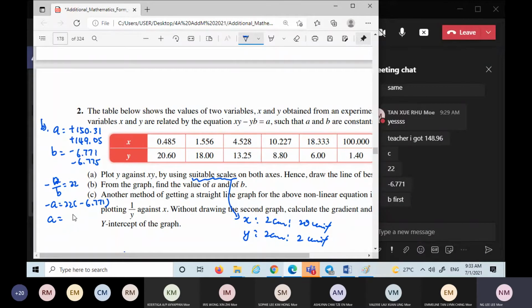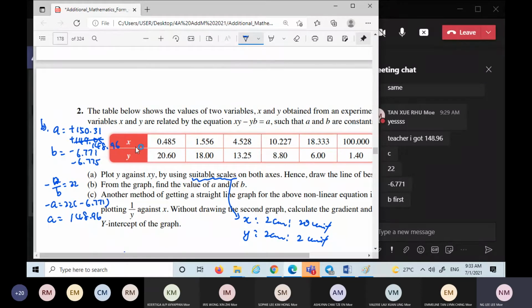Okay, so I have 148.96. So I lower down this range again. So this one I put 148.96.